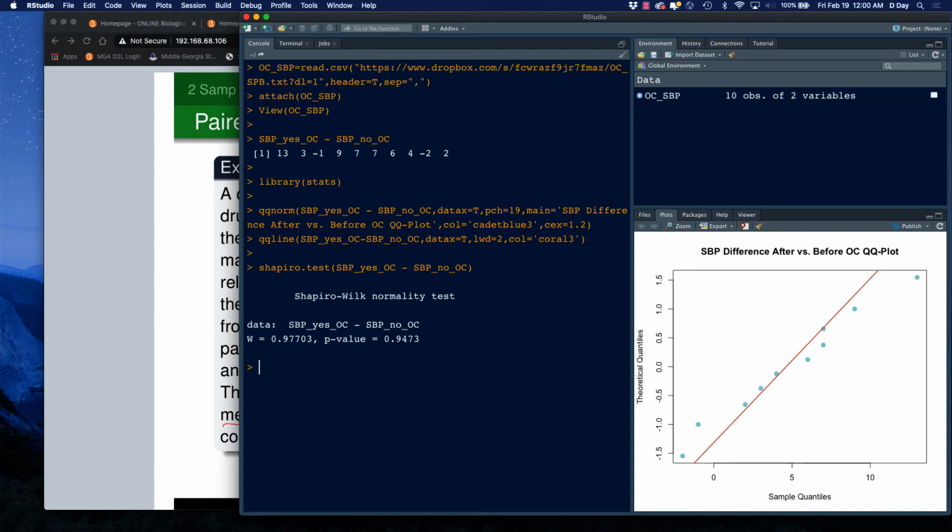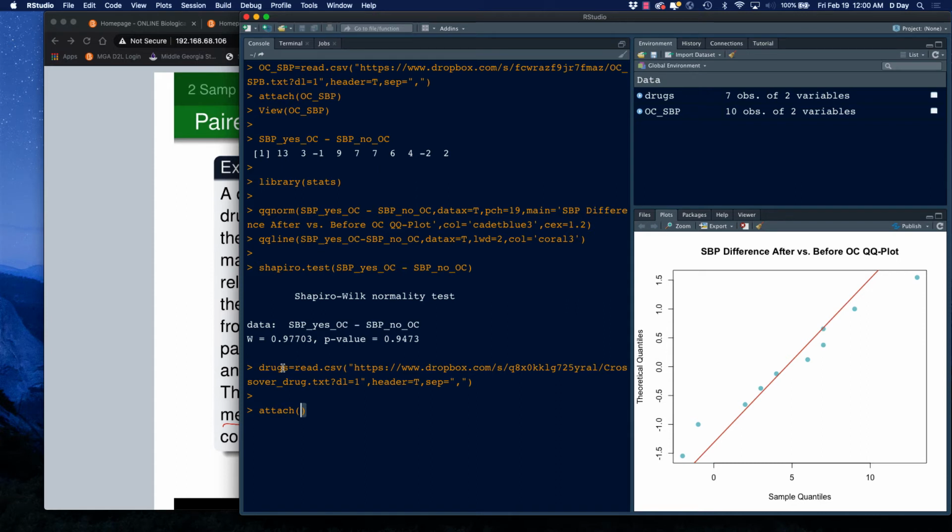And in that example, we probably should have checked normality before we ran that test. This one's actually a problem in a textbook that I found, and makes me wonder why they didn't check the normality of this data set, because as you'll see, it's kind of questionable.